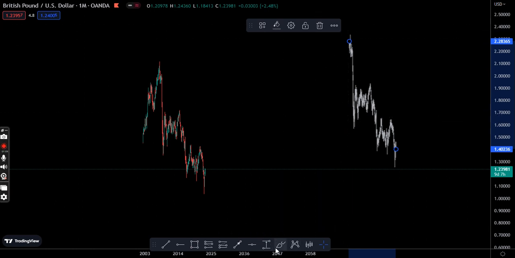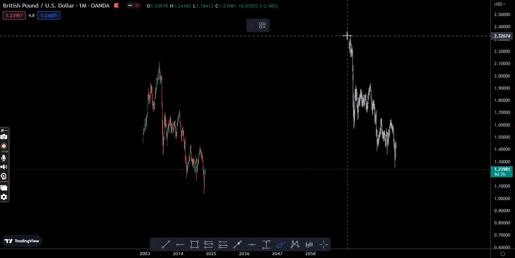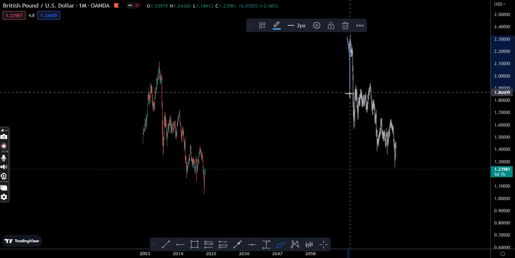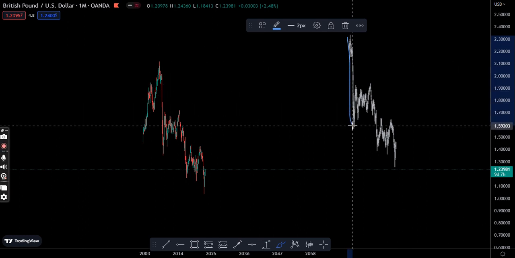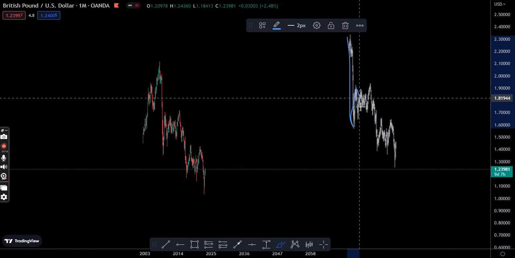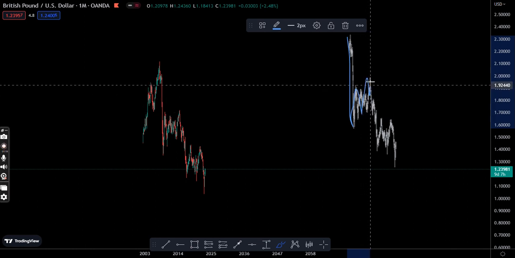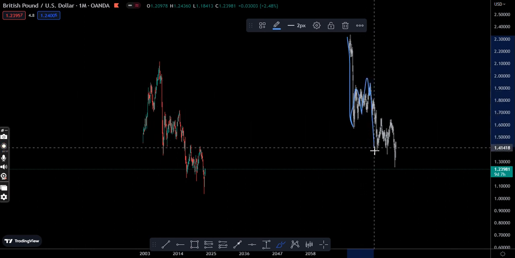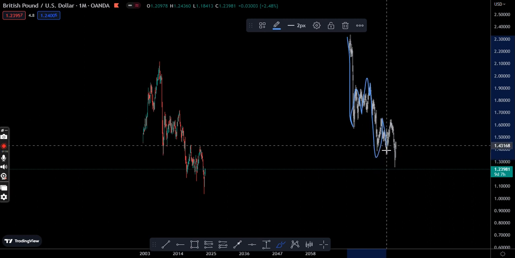Starting off here, you can see we had this strong impulsive move to the downside, followed by this correction. Then another impulse came in, another correction.